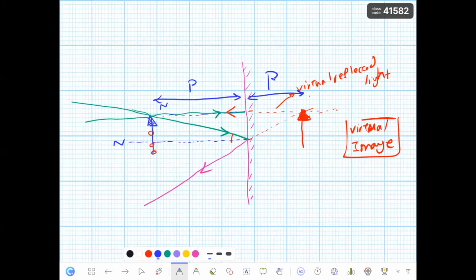And then same distance. What does it mean? The distance from the image to the mirror is equal to the distance from the object to the mirror. Okay? So this is the plane mirror.